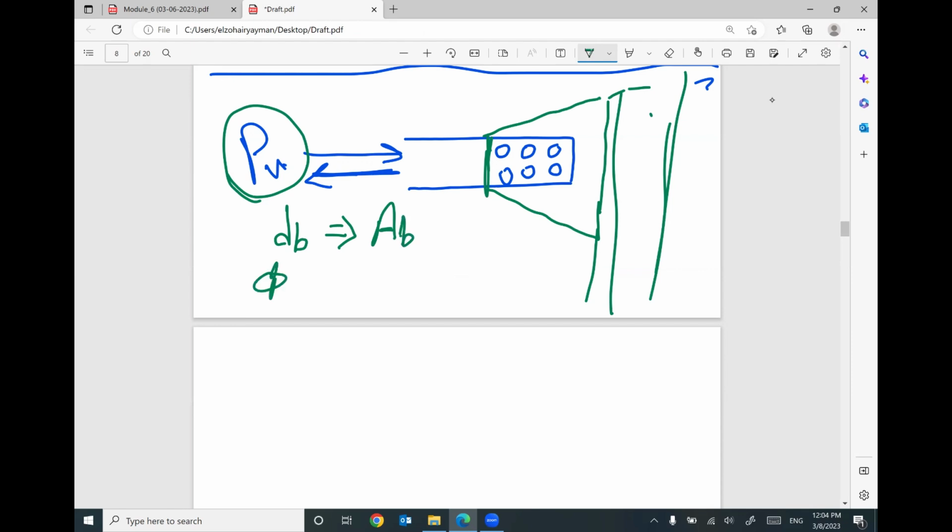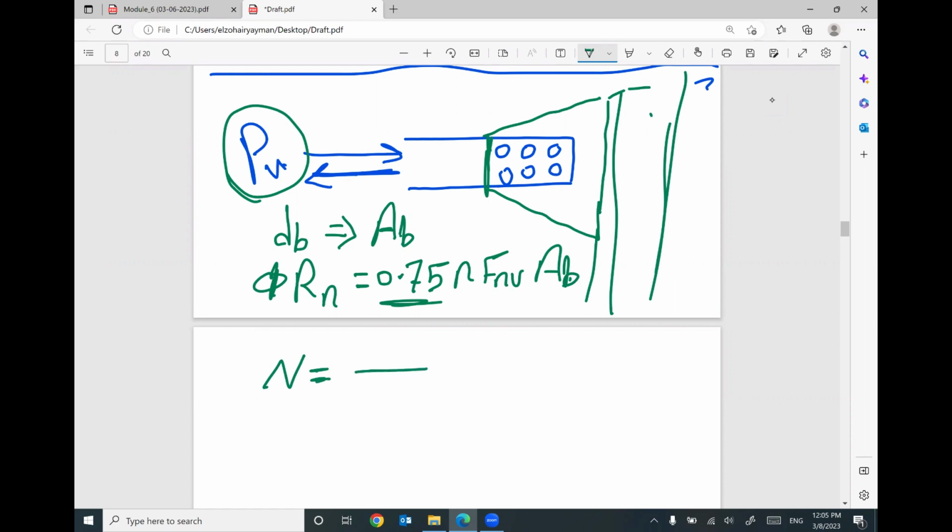Then I can figure out the design shear strength of one bolt, equal, I think, 0.75 Fnv area of bolt, as I remember. Once you get the design shear strength of one bolt, you can figure out the required number of bolts by dividing P ultimate by phi Rn, and make sure this number is rounded up to an integer.